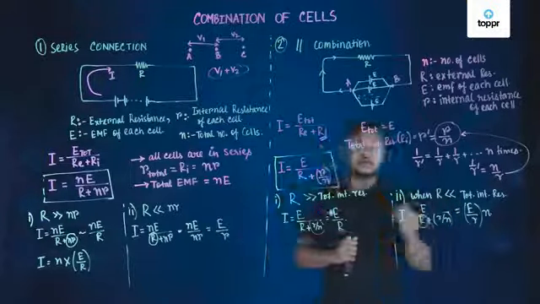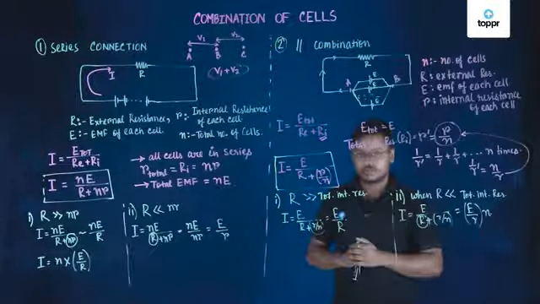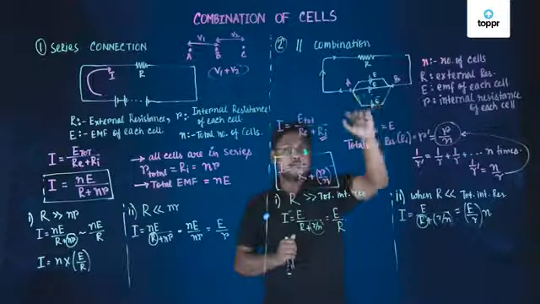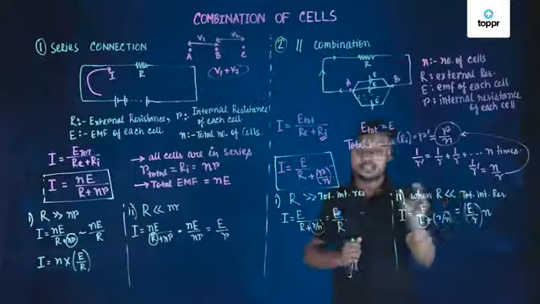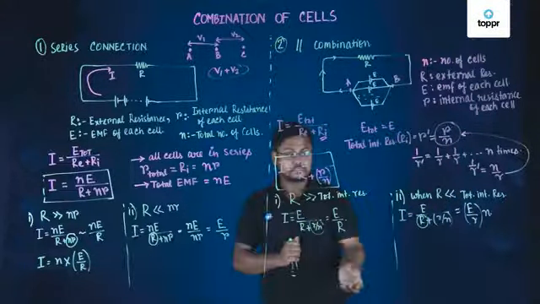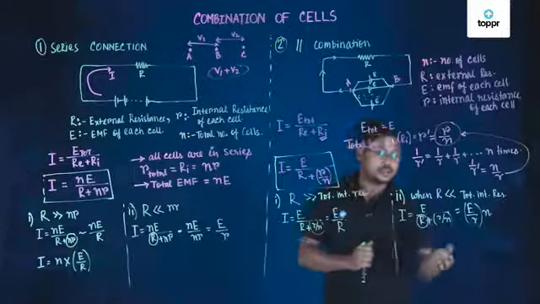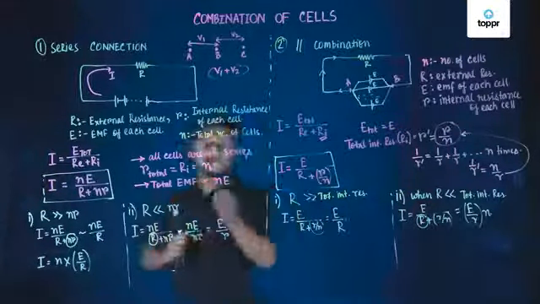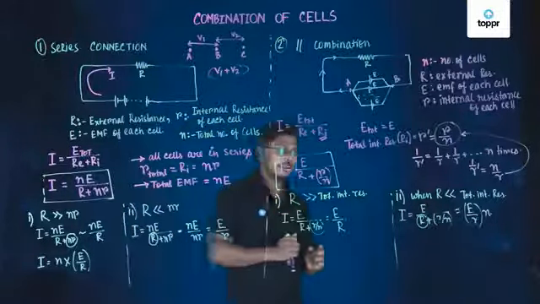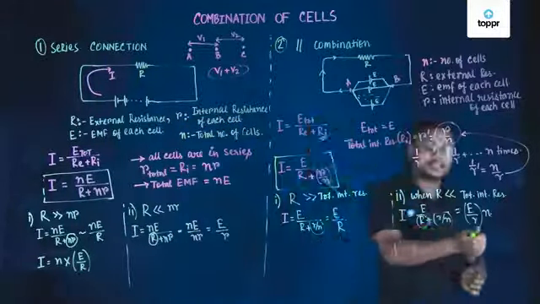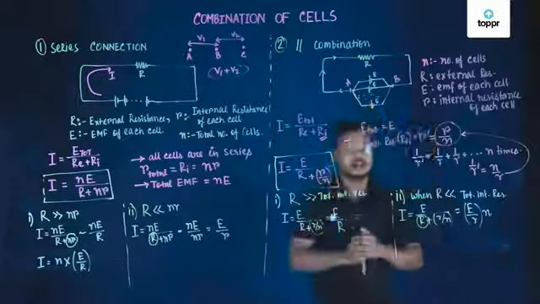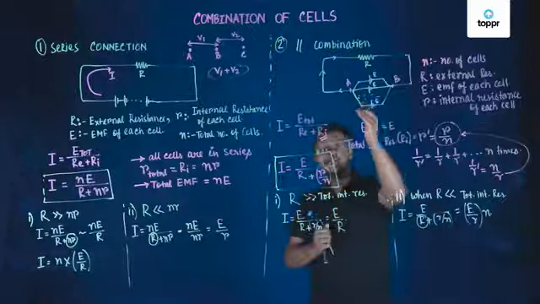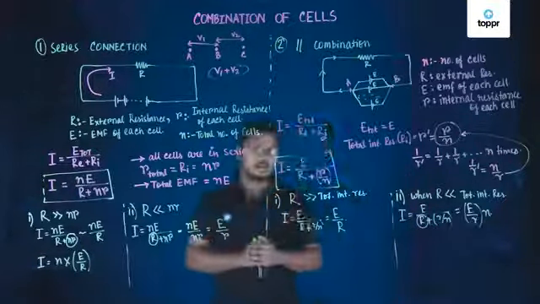Now what is this term? We can say that when we connect n number of cells in parallel with internal resistance much greater than the external resistance, the current we obtain is n times the current which we would have obtained when connecting a single cell having internal resistance small r that is quite greater than capital R. So these are the two limiting cases for cells connected in parallel combination.